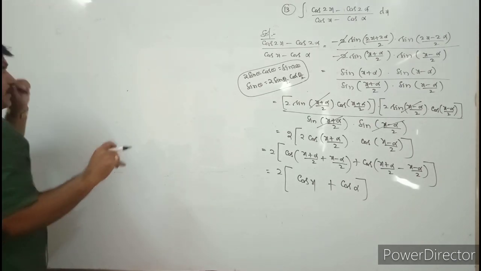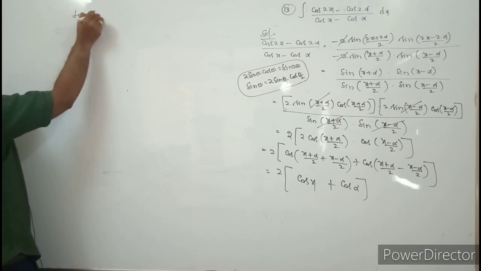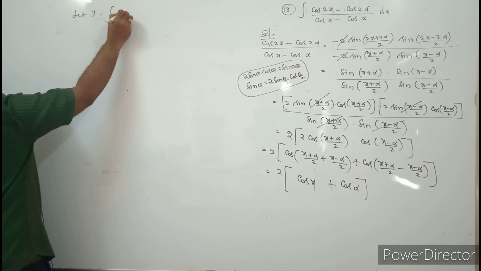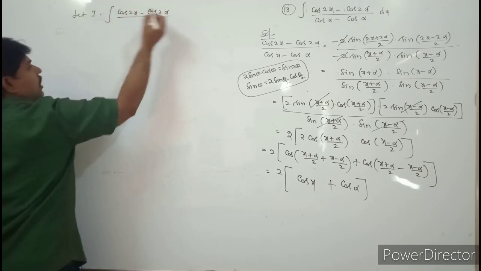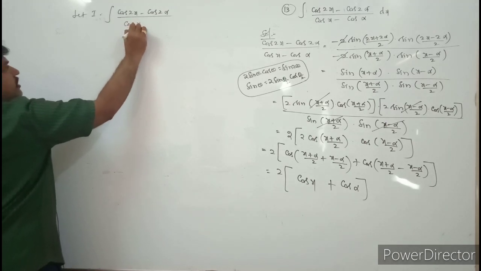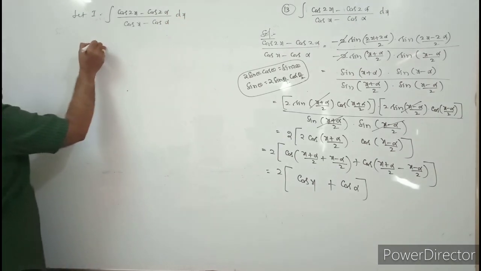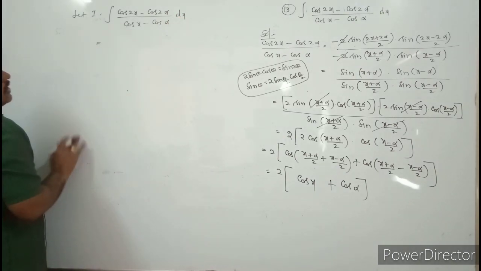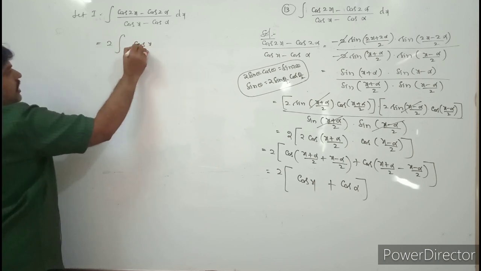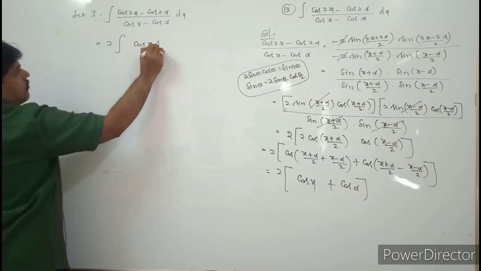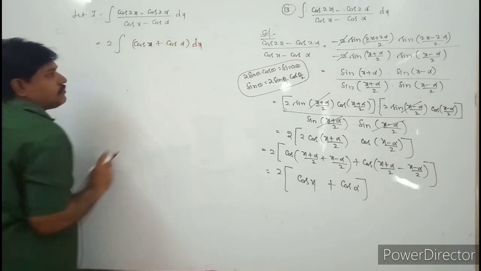Let I is equal to the integral of cos 2x minus cos 2 alpha by cos x minus cos alpha into dx. So this total value is becoming 2 into the integral of cos x plus cos alpha into dx.